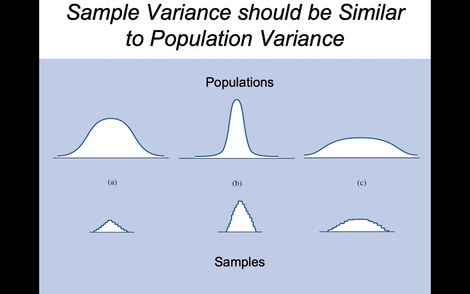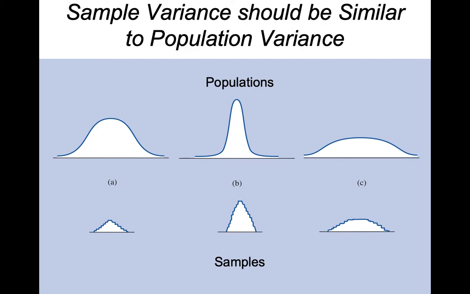Okay? And this is just a graph from the text that reflects that. So we can see that the sample would be the panel on the bottom, and each one of those samples has a certain amount of spread around the mean, right? So there's variability. And that variability, we can either calculate a variance or a standard deviation to represent that variability.